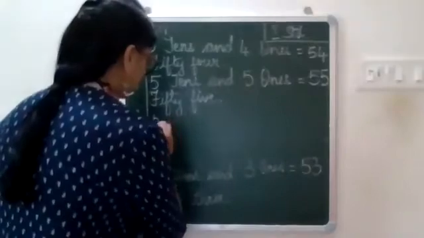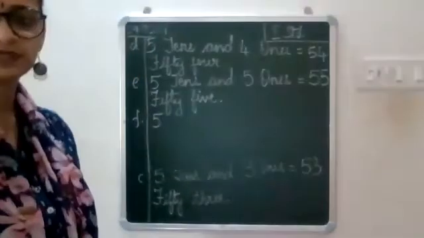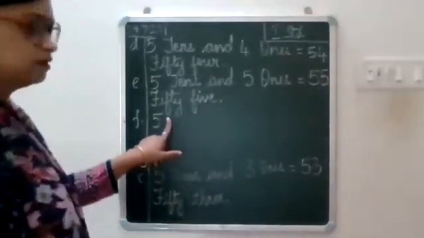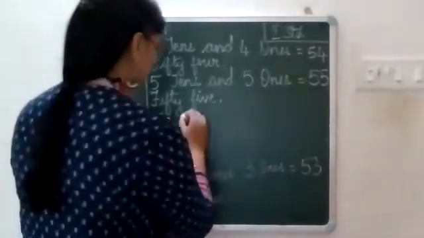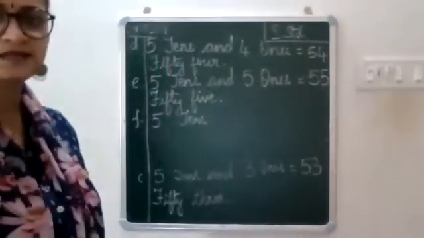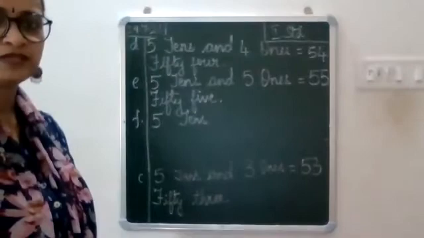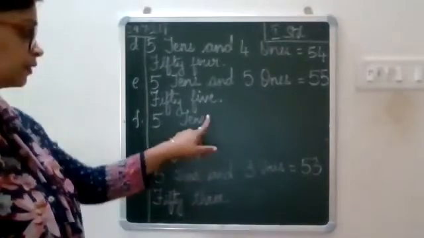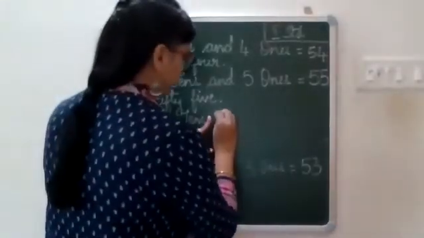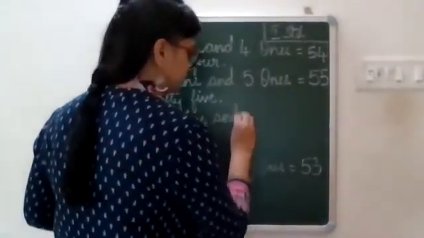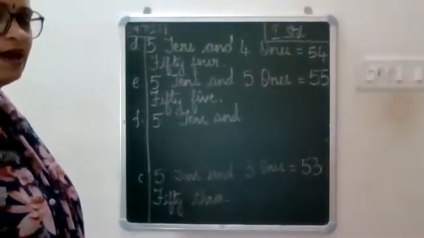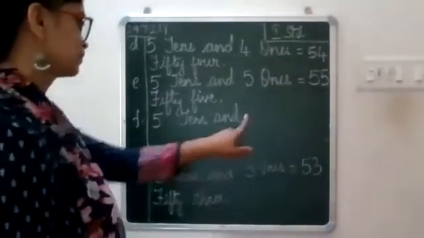Now write the number 5. Leave one finger space. Write down capital TENS, 5 tens. Leave a finger space. Write down AND and 6.